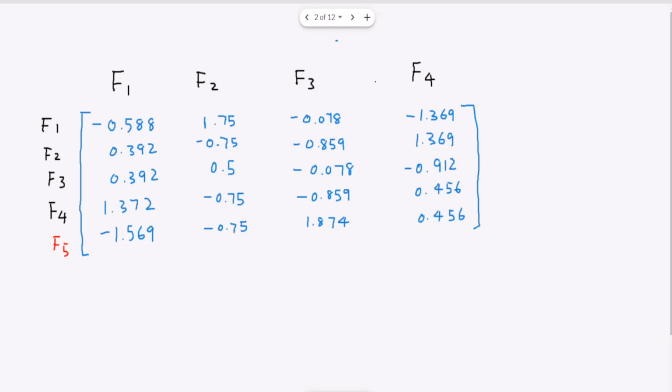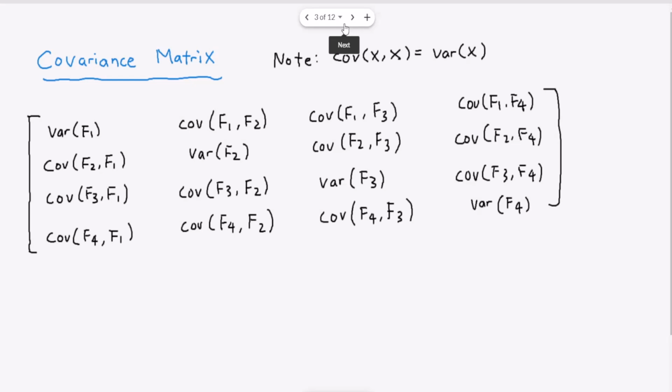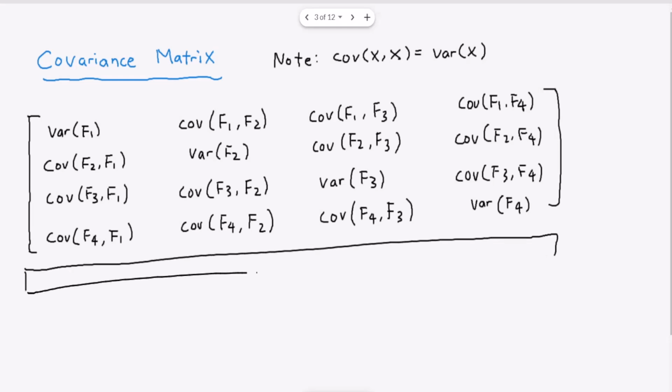So what we want to do next is compute the covariance matrix. And so we really want to understand how each variable is related. And the covariance matrix is going to tell us that. So how do we calculate the covariance? Okay, so from here, this is essentially what we're going to be doing with each data point. And you may notice that there's a fifth row of data that's left out.